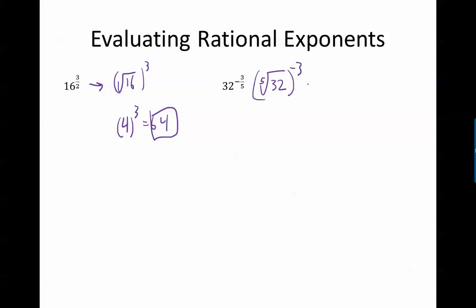So that means that what I'm looking at here is 1 over, and then the fifth root of 32 is 2, so this is 2 cubed, and that's 1 over 8. So we can evaluate these rational exponents a little bit easier by first turning it into radical form and then using that knowledge to then find out what those values are.